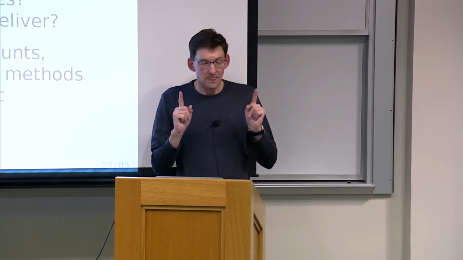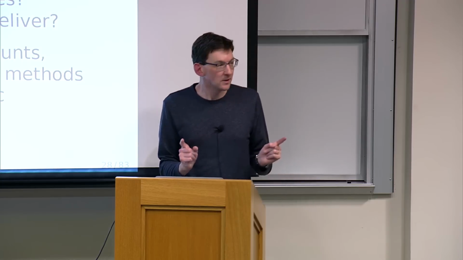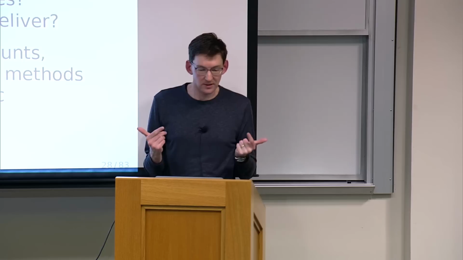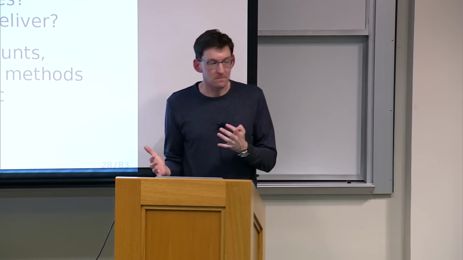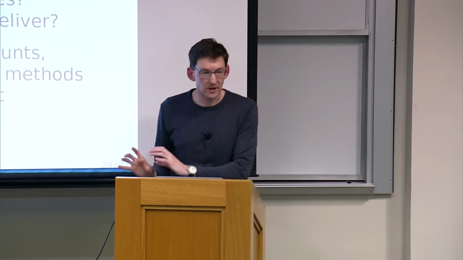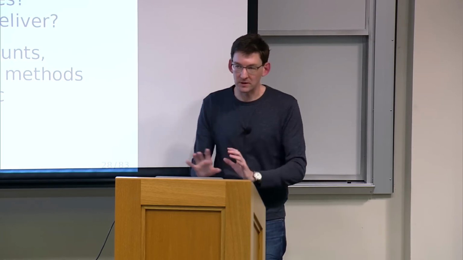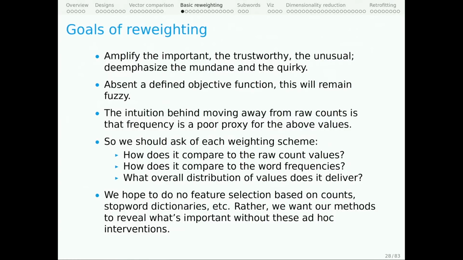Now, absent a defined objective function, this is going to remain pretty fuzzy, but I think it's a pretty clear idea intuitively. The idea is that raw counts have important information in them, but they're a kind of poor proxy for the things that we actually want to care about. But we can find the relevant information if we look. So I'm going to show you a bunch of these basic reweighting schemes and give you a feel for their different properties.